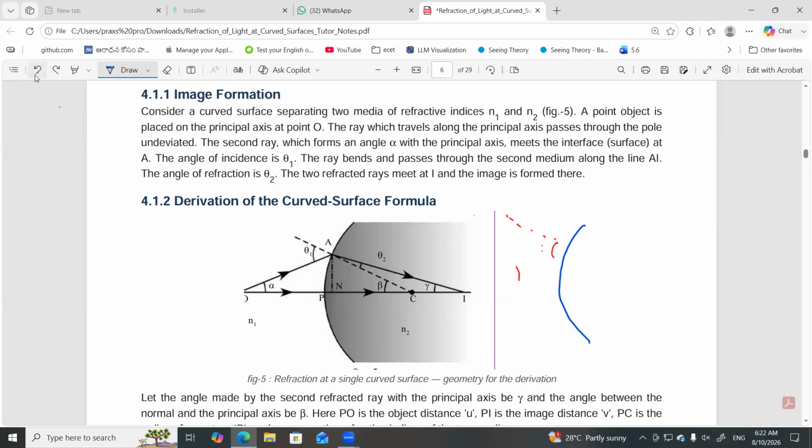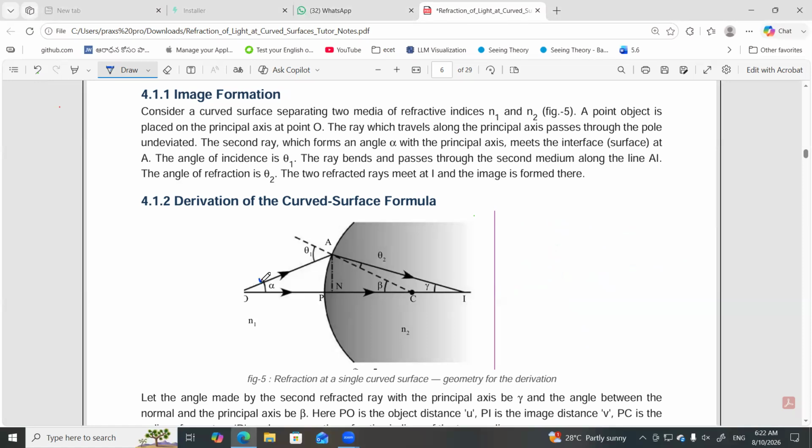Yes, I'm going to draw the diagram. Now, these angles are very, very important, because the derivation depends on these angles. First of all, let me ask what is the angle of incidence.